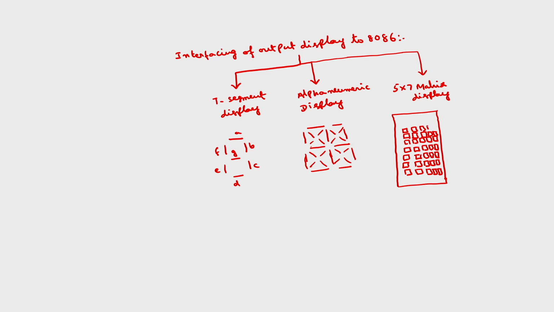So, totally we have 35 segments: 7 rows, 1, 2, 3, 4, 5, 6, 7, and 5 columns, and there will be one extra segment here to represent the dot.